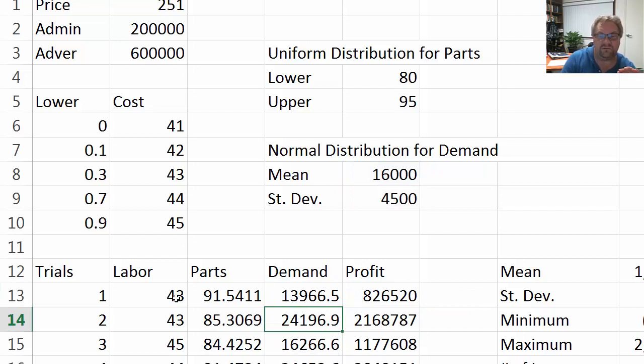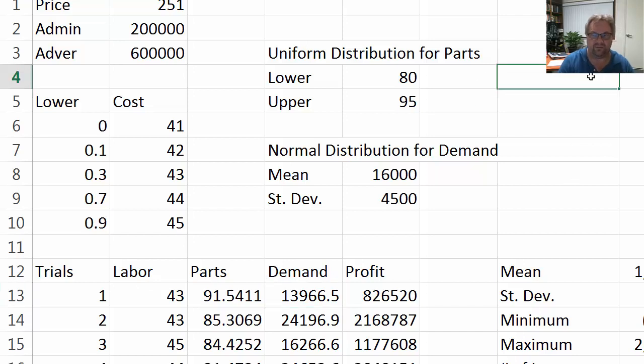Because if you think back to your stats class, that means that the simulation for labor is independent of the simulation for parts, which are then independent from the simulation of demand, because I am randomly generating 3 different random variables for labor, parts, and demand.